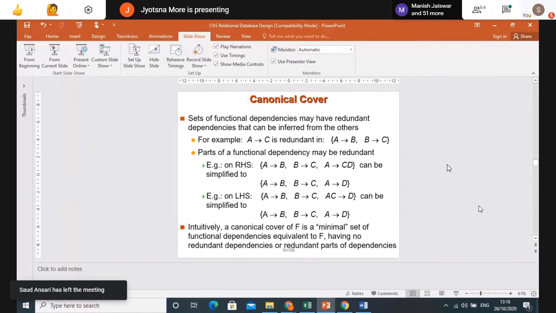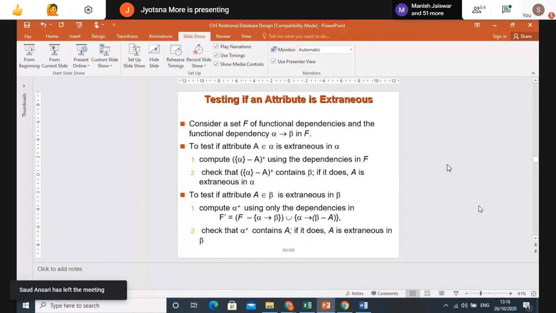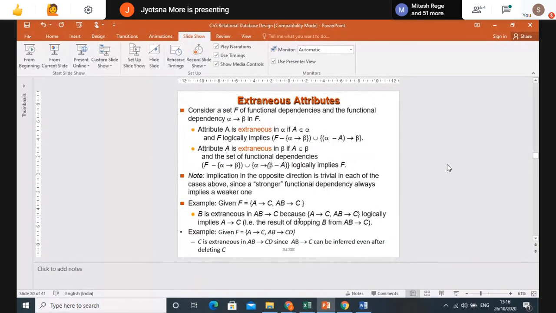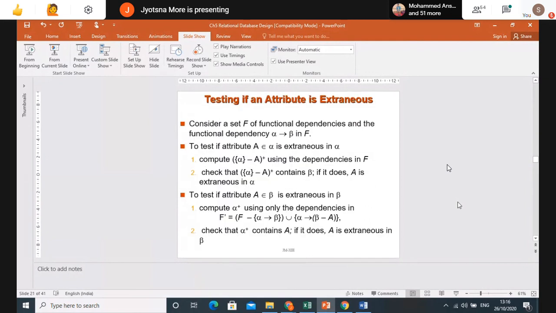So for the extraneous attribute, I will add one solution in this slide itself, so you will come to know why we call this C extraneous in this case. At least one I will explain with a proper solution.